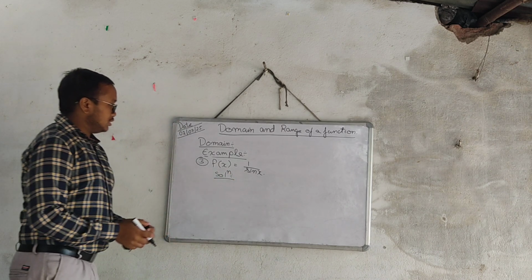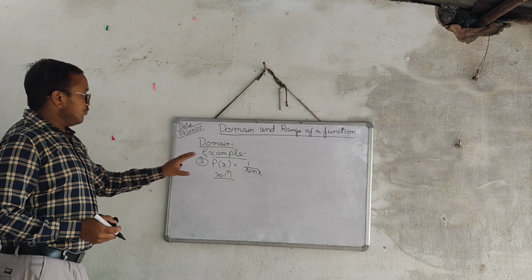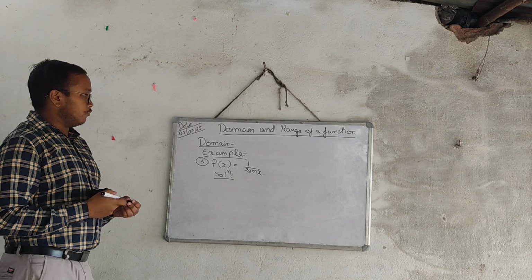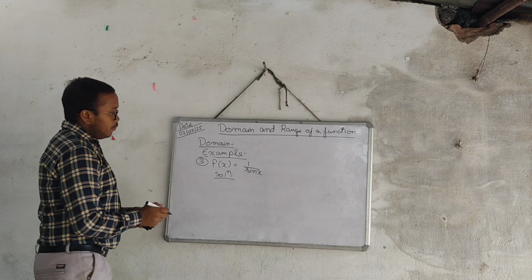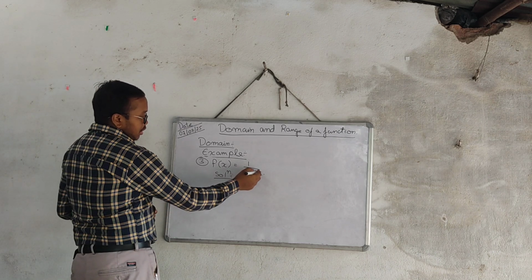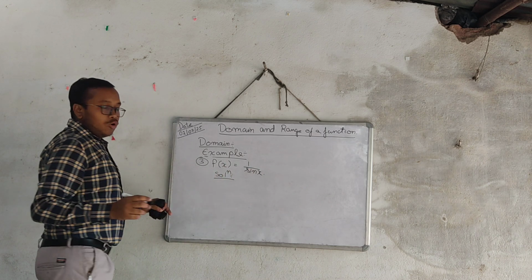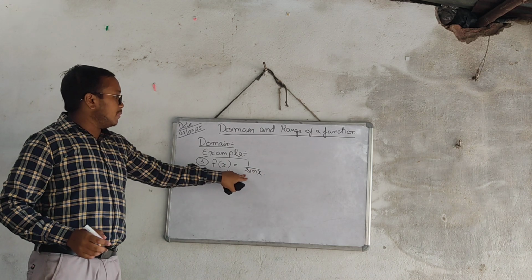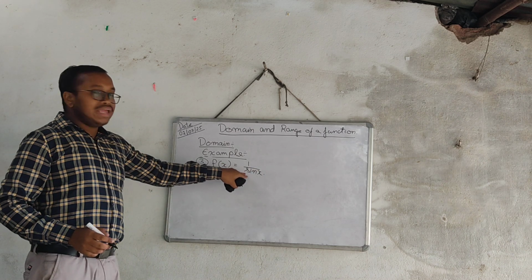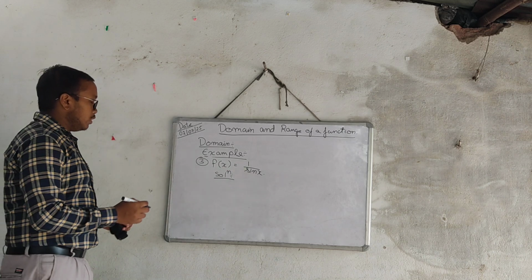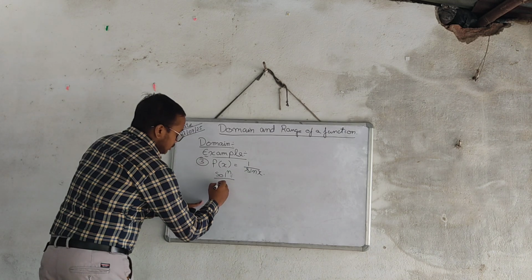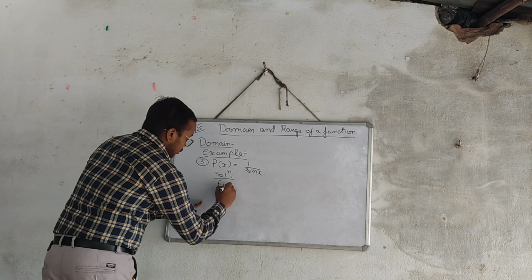First of all, let us check whether this function is defined or not for all the values of x. Here the only thing which will disturb us is the value of sin x. Sin x should not be equal to 0.